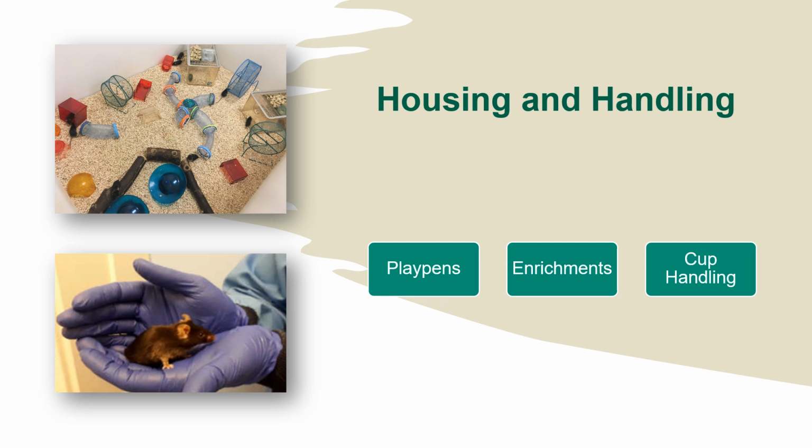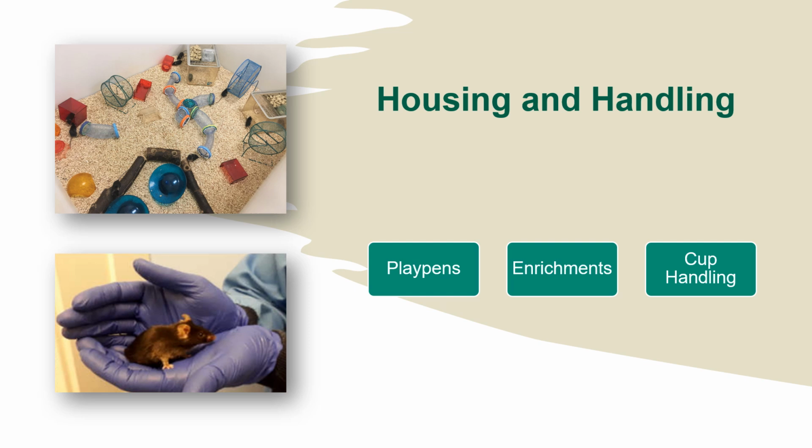This reduces boredom and stress, and promotes mental stimulation and well-being. Some examples are toys, nesting materials, climbing structures, tunnels, and, when possible, food treats such as frozen fruits and even marshmallows. Humane handling should be used in all husbandry and experimental procedures.